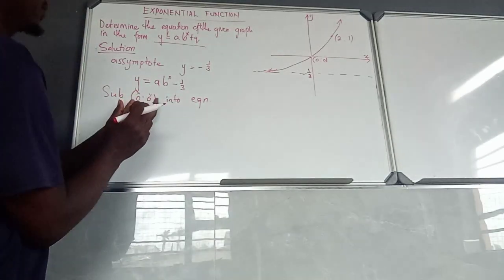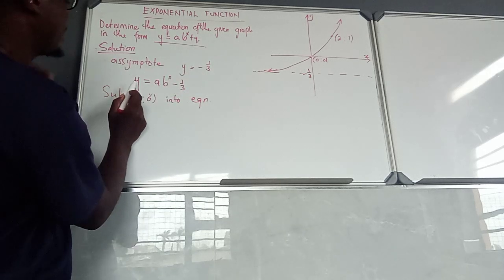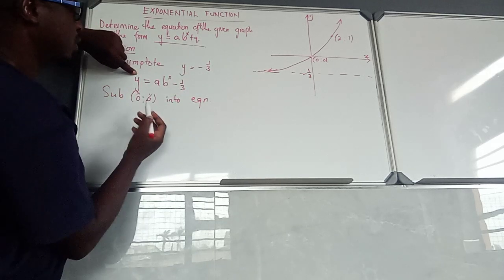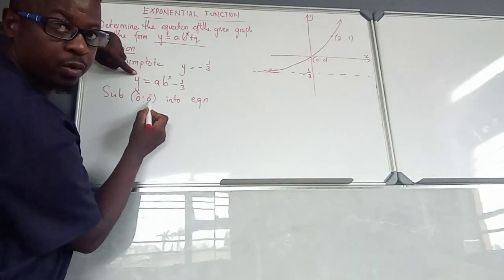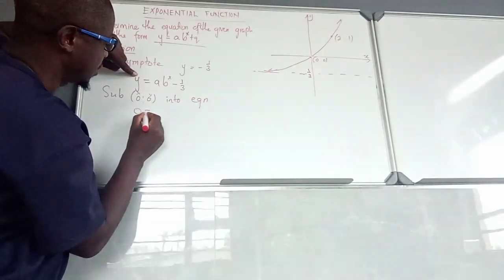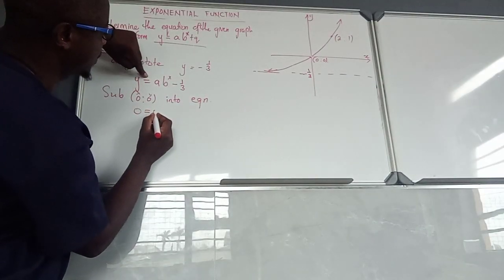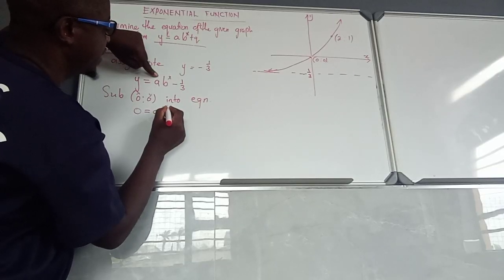When I rewrite this equation, I'm not going to write y as it is, but I would rather take this 0, because I know it is a y, and write it in place of the y. So I'll say 0 is equal to a b to the power of x.